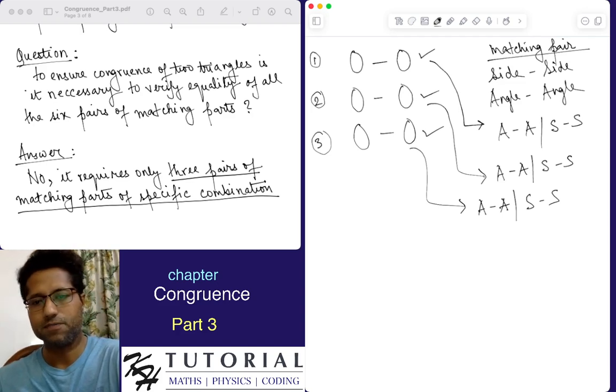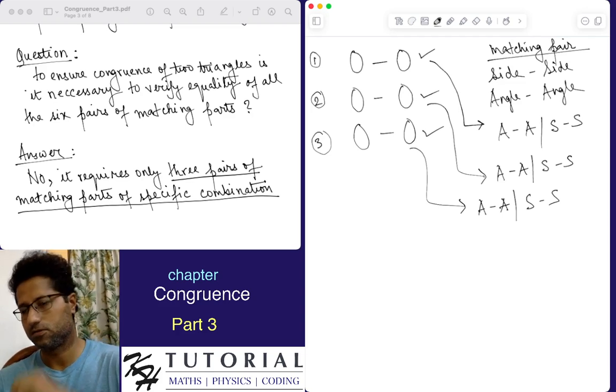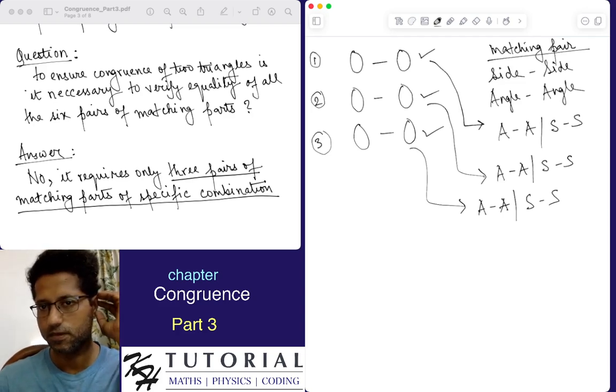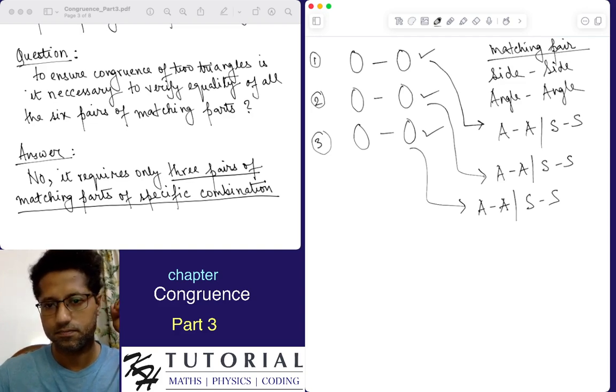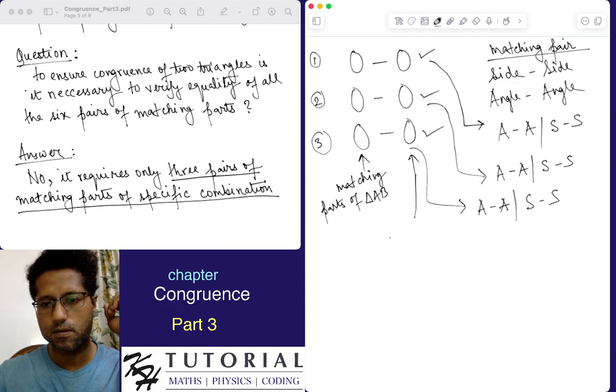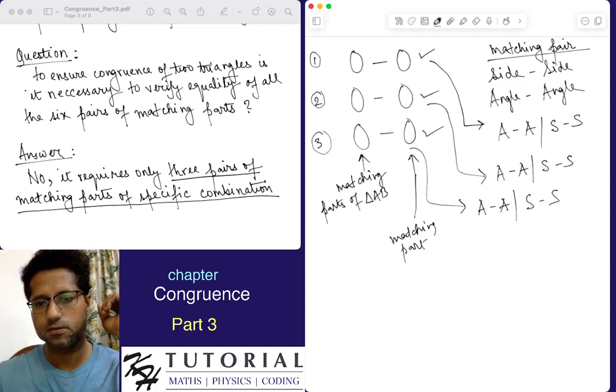It has been found that you need three pairs of matching parts, and these are the matching parts 1, 2, and 3. By circles I mean a matching part of a triangle. So all these are matching parts of triangle ABC, and all these circles are the matching parts of triangle PQR.